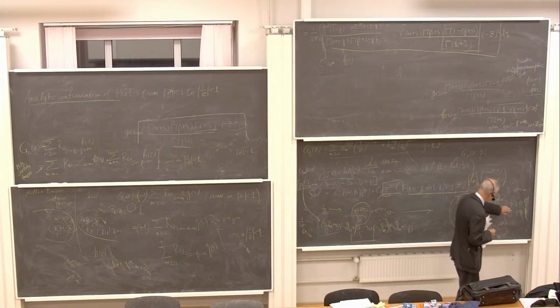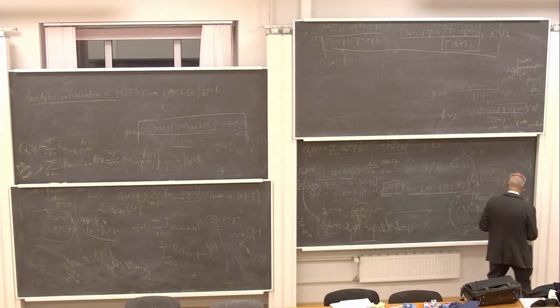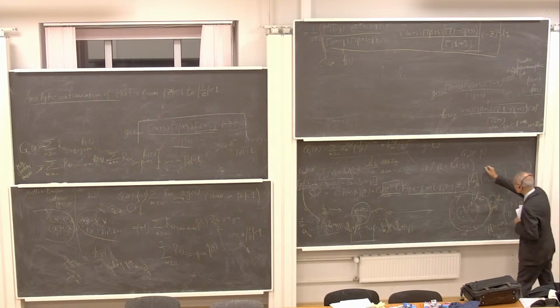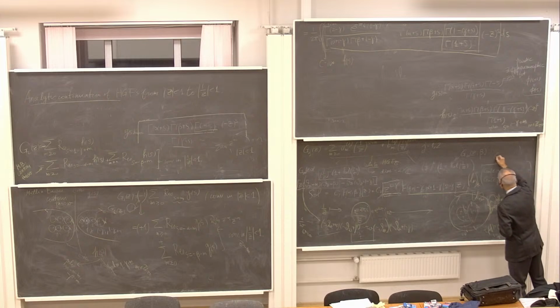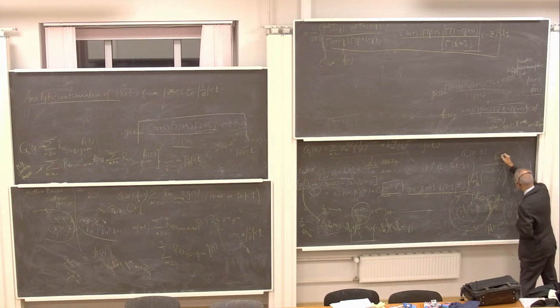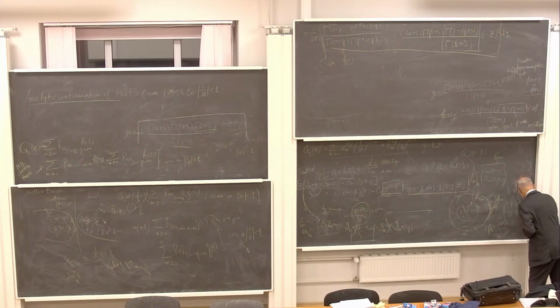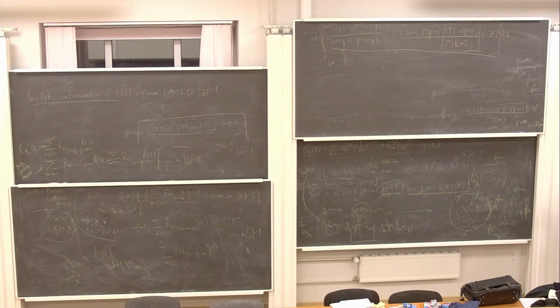Because I can write many times this expression. So times, okay, let us denote by G infinity times G infinity. This is a diagonal.